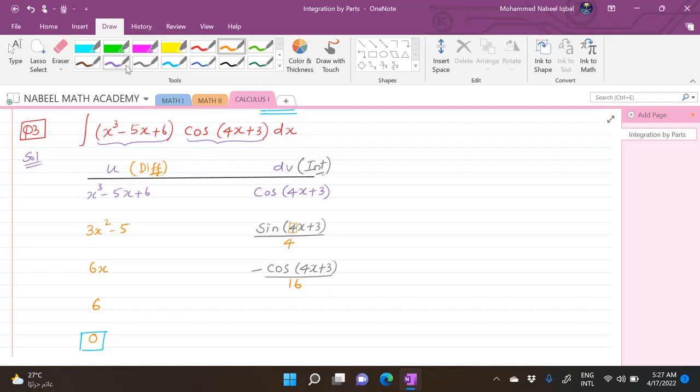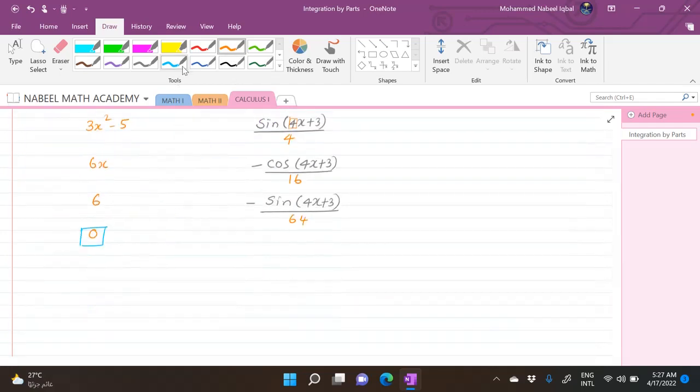The next one we will integrate. Minus is a constant. Then the integration of cosine is sine(4x plus 3) over 16 into 4, which is 64.